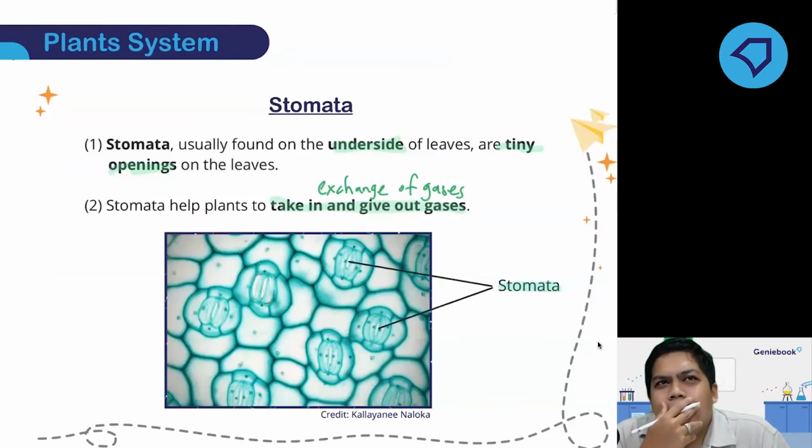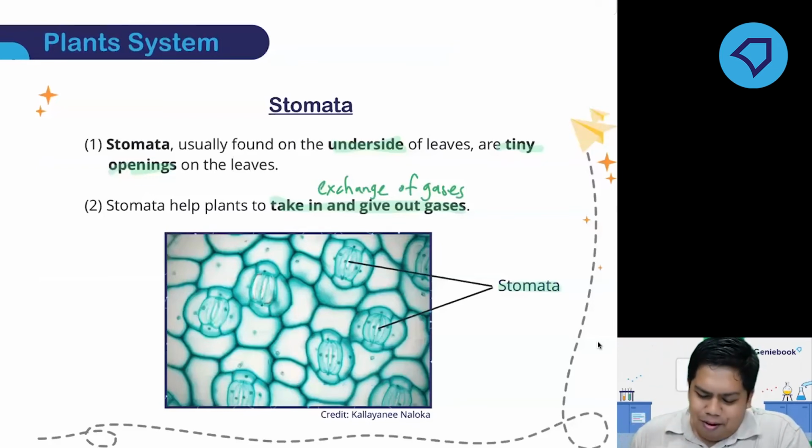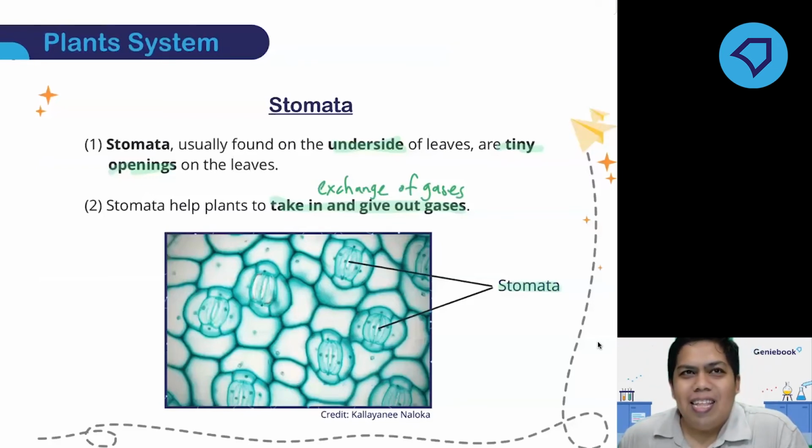Now let's see who's good with your plant cells. Do you know what plant this is taken from? This photographer, I think it's a he or she, I'm not sure, took this photo using the microscope. Kalayani Naloka, do you know what plant it is from? Sunflower, peppermint.